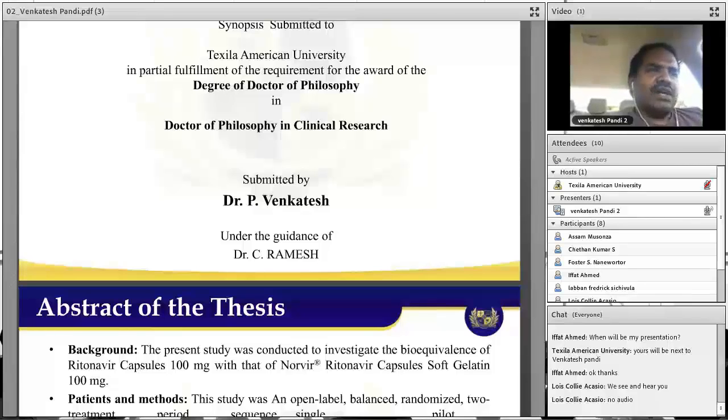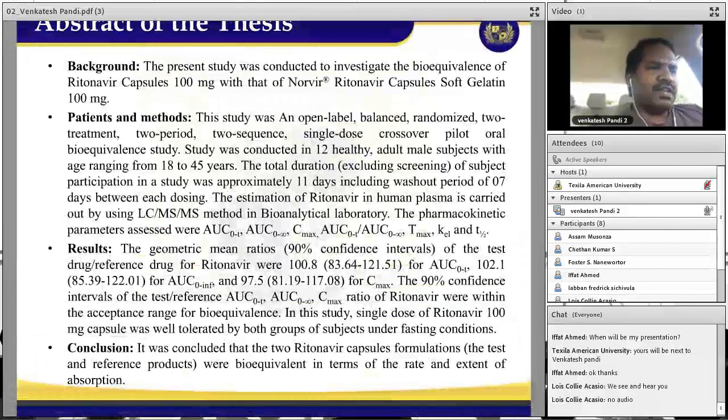The estimation of Ritonavir in human plasma was carried out using the LCMS method in the bioanalytical laboratory, with the help of my bioanalytical team and the statistical investigators.